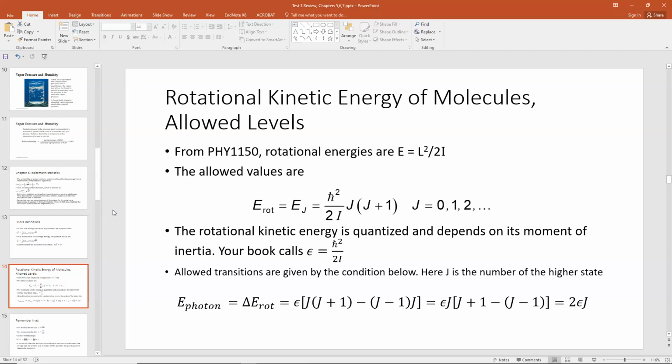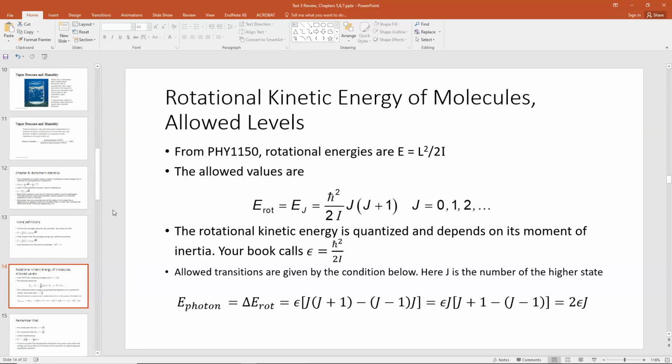And so if you plug in the quantum values of the angular momentum of a rotational state, then that gives you the following formula for the rotational energy levels: h bar squared over 2 times the moment of inertia times J(J+1). Now, J is the rotational quantum number. Its values start at 0 and go up in integer steps from there, okay? Remember that your book sometimes uses the notation epsilon to symbolize the factor h bar squared over 2I, okay?